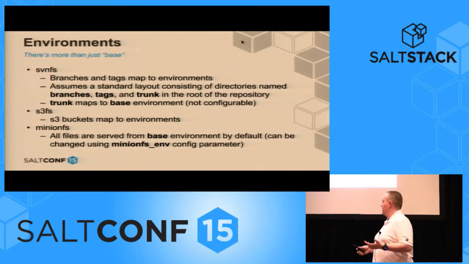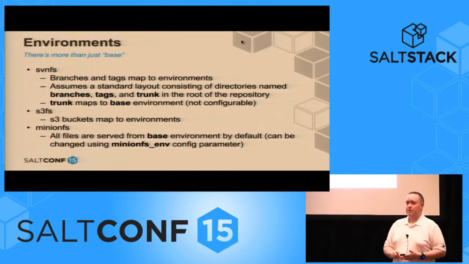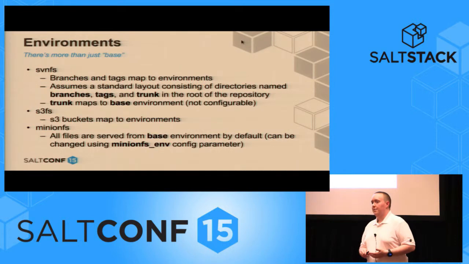And then minionfs, as I mentioned before, will default to base. You'd have to specify your own environment using the minionfs env parameter in the master config file if you want to make it somewhere other than base.